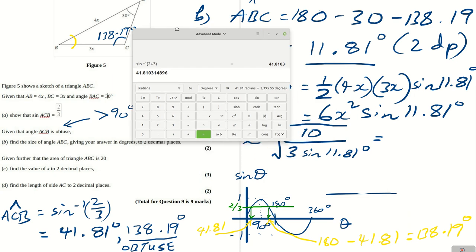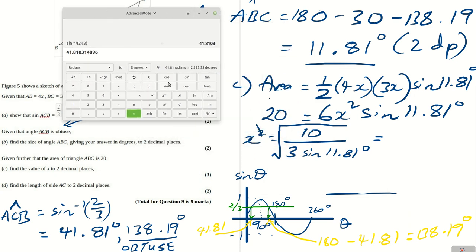Alright, here's the calculator, and what do we want? We want the square root of 10 divided by 3 sine 11.81 equals, and it comes to 4.04.